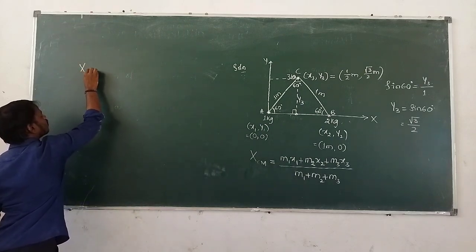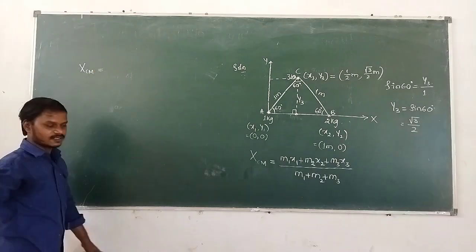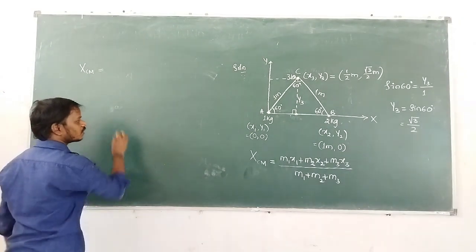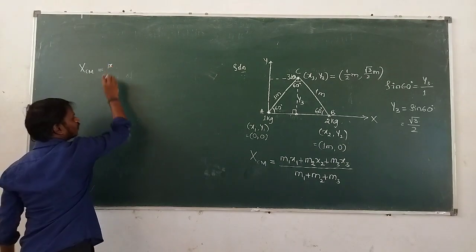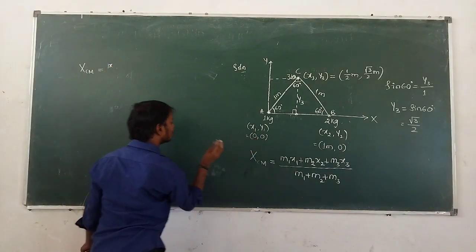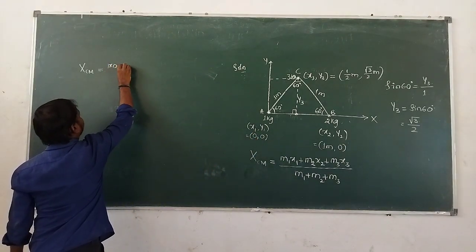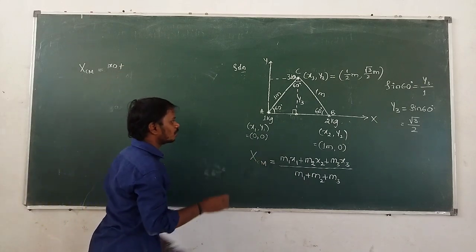Position of the center of mass of the 3 objects along the x-axis. What about m1? m1 is 1. x1 is 0, plus m2 is 2.